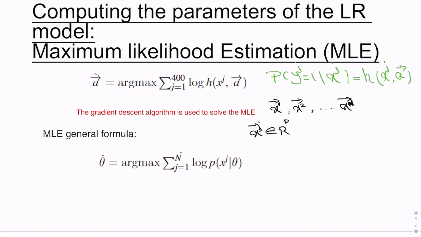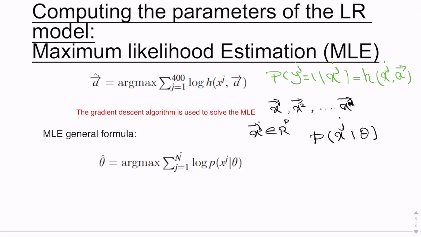Okay, so having these samples, we know that these are from a probability distribution of x_j given some parameters. So theta here denotes the parameters of this distribution.